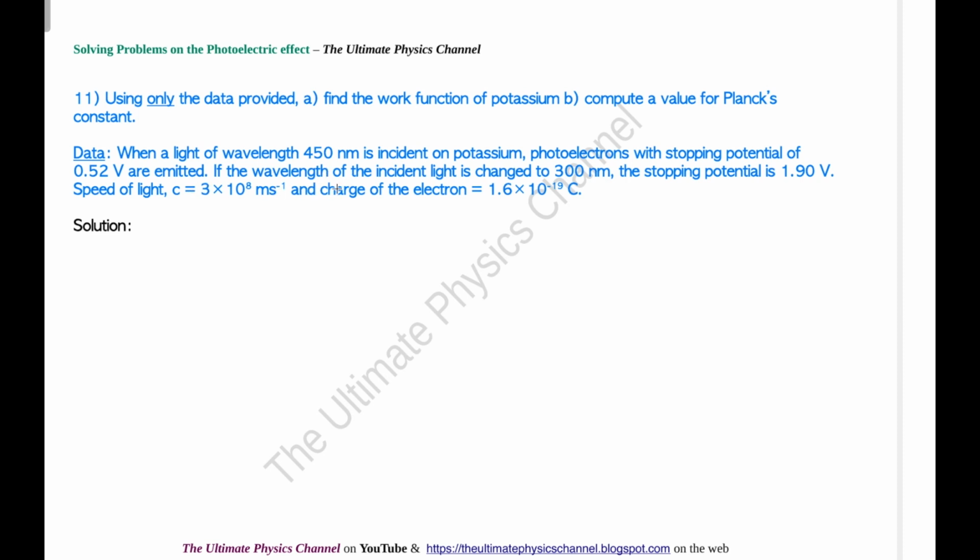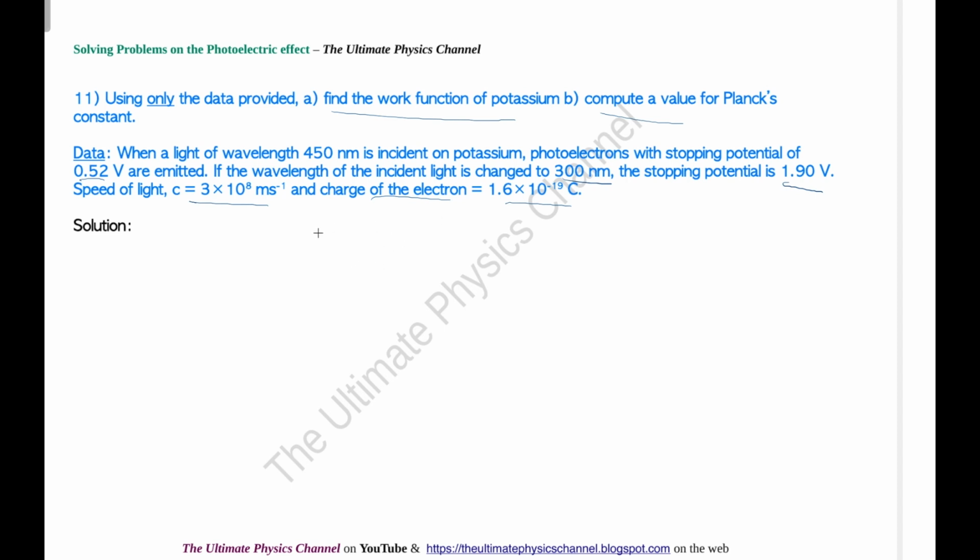If the wavelength of incident light is changed to 300 nanometers, the stopping potential increases to 1.9 volt from 0.52. The speed of light and the charge of the electron are also given. So we have to calculate the work function of potassium and then compute a value for Planck's constant from there on.